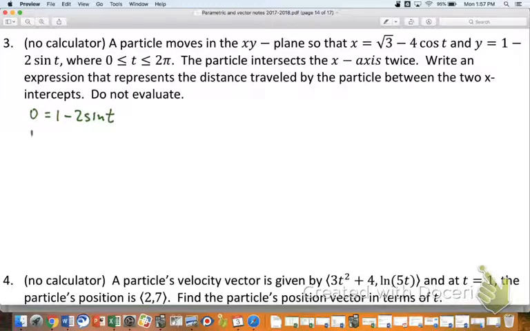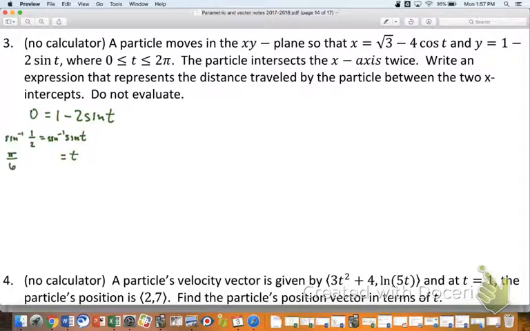So it'd end up being 1/2 is equal to sine of t. So you do inverse sine of both sides, and so you'd get t on the right side. What's the inverse sine of 1/2? Pi over 6. Yep, that's one of them.